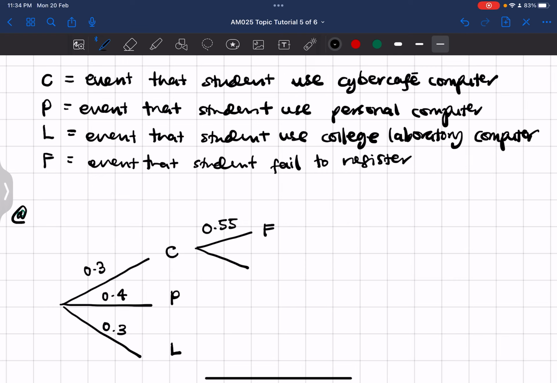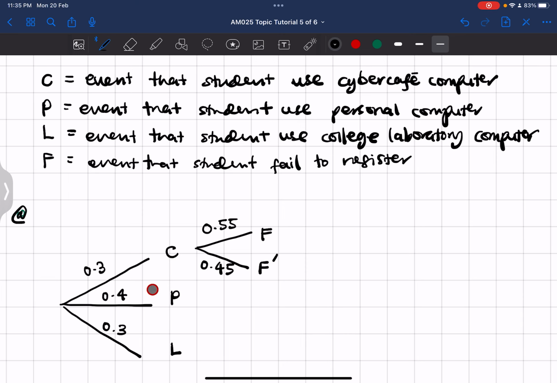So this is F. For the next branch, if this is the event that a student failed to register, to complete this branch we're going to write the complement of F. You may use F prime or F bar. The total of these two branches is 1, so 1 minus 0.55 is 0.45.